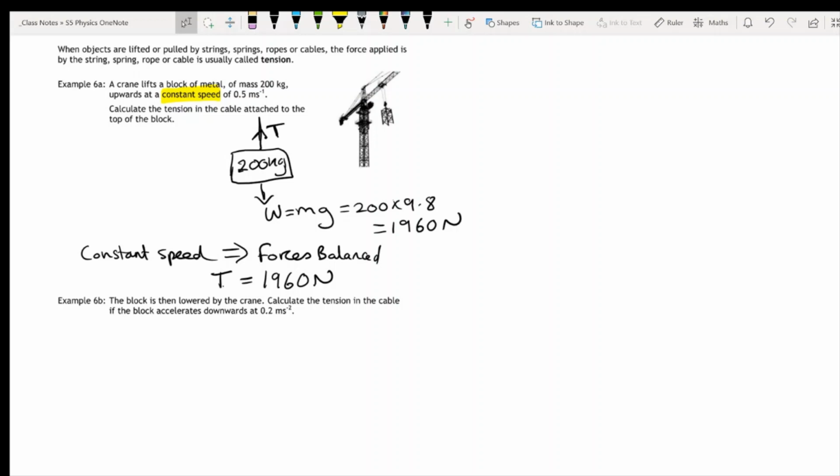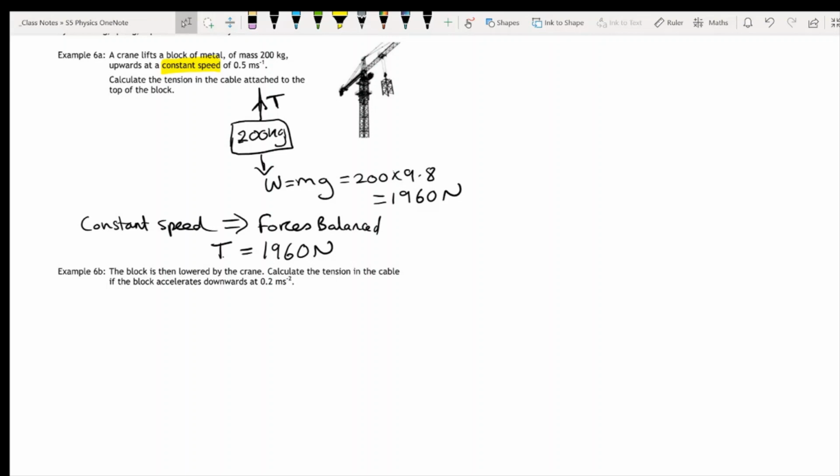Example 6b: the block is then lowered by the crane. Calculate the tension of the cable if the block accelerates downwards at 0.2 meters per second squared. So again, let's draw a diagram. It's 200 kilograms. We've got the tension upwards. We've got the weight, which we now know is 1,960 newtons.